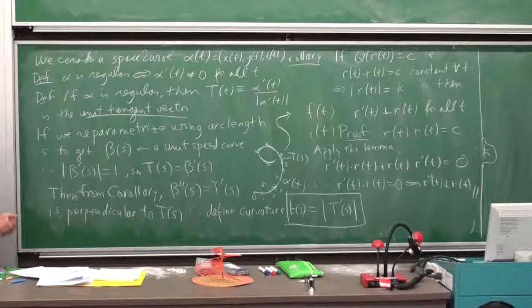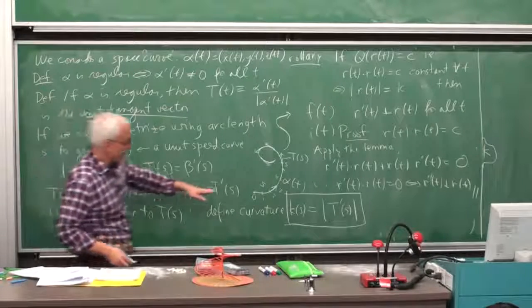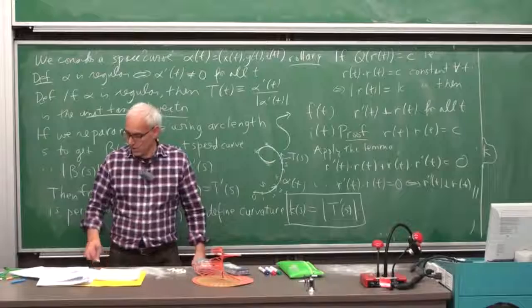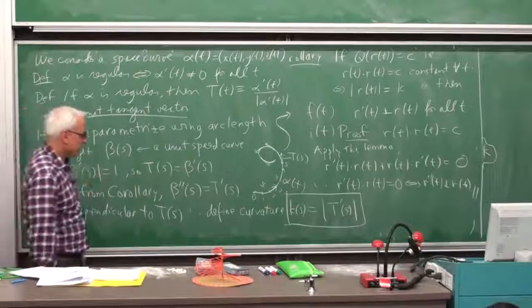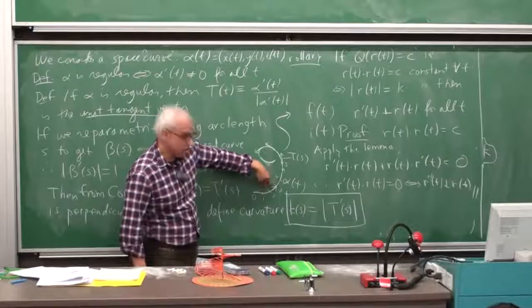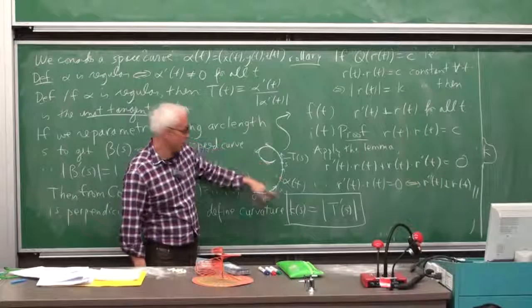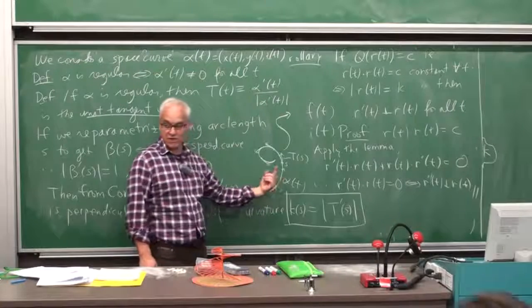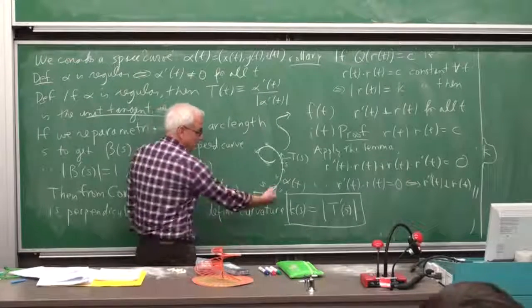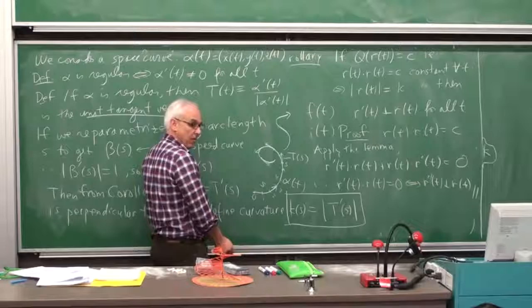And this allows us to define this more generally. So let's have a look in this situation here. What are these derivatives going to look like? So over here, the curve is not bending very much. So the derivative of this T of S, the rate of change of the T of S, is going to be in this direction, but it's going to be relatively small.